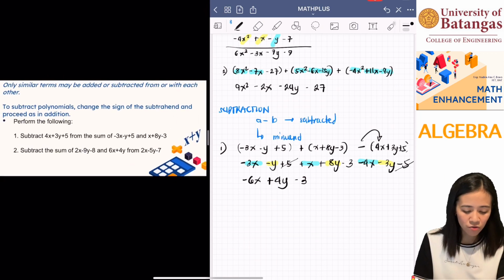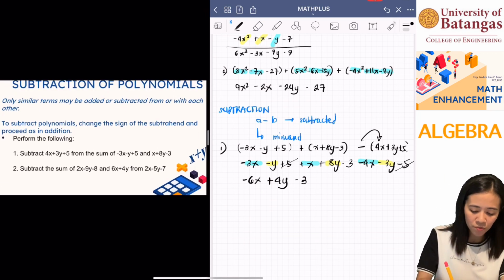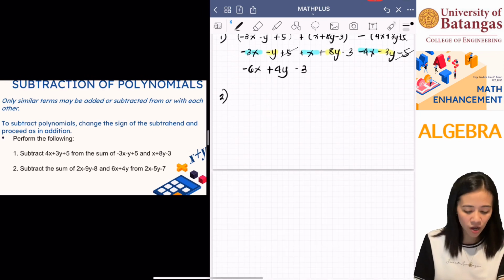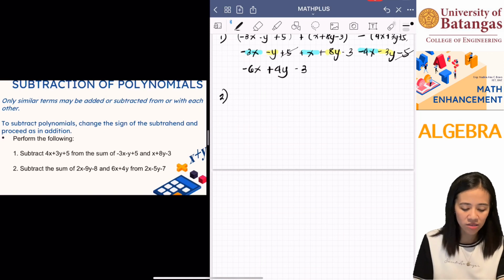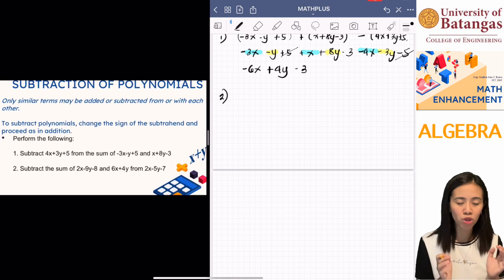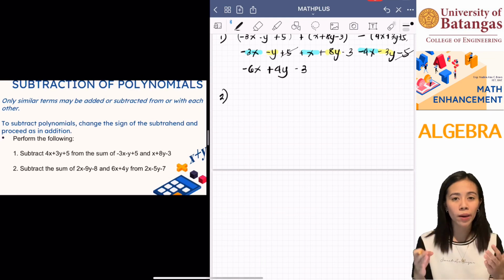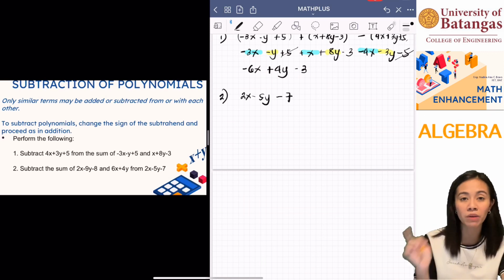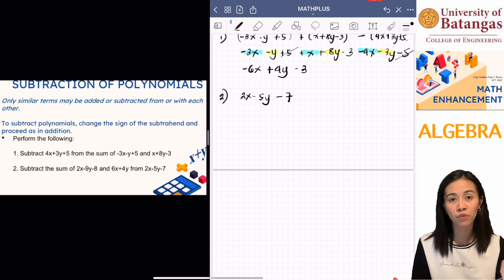Okay. So, doing the same thing with number 2. We are being asked to subtract the sum of 2x minus 9y minus 8 and 6x plus 4y. So, yung sum daw ng dalawang ito, we are going to subtract that from 2x minus 5y minus 7, which means 2x minus 5y minus 7 will be your minuend.